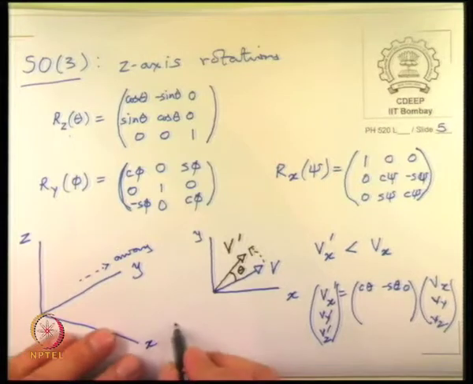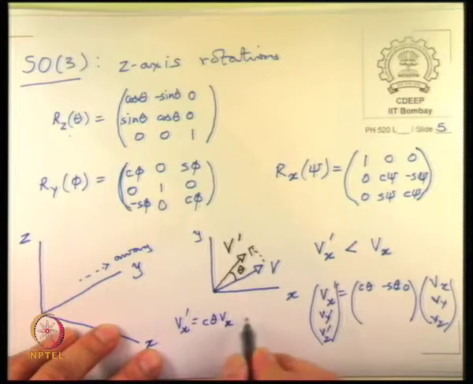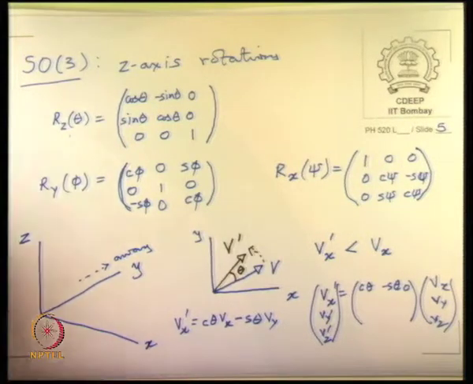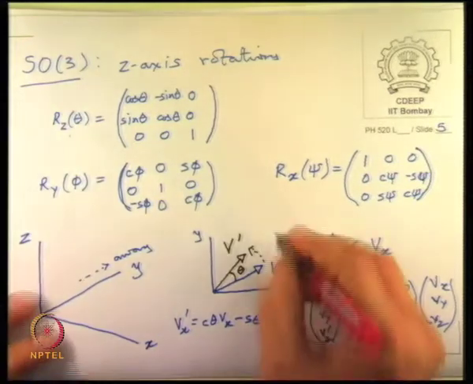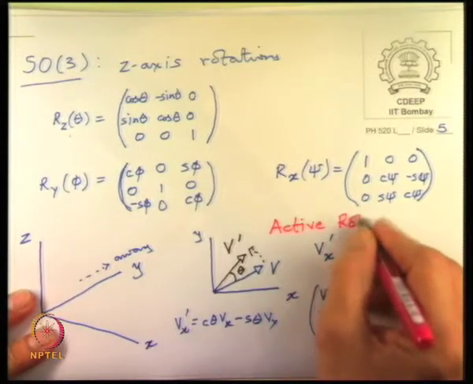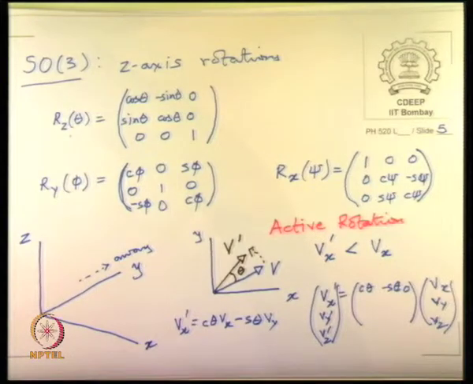So Vx prime is going to be equal to cos theta times Vx and minus sin theta times Vy, and the example vector we have taken is all in first quadrant, so all components are positive to begin with. So this is going to reduce the Vx component, and therefore this is what I call active rotation. I have rotated a vector. And one more matter of convention, of course, it is an active counterclockwise rotation.